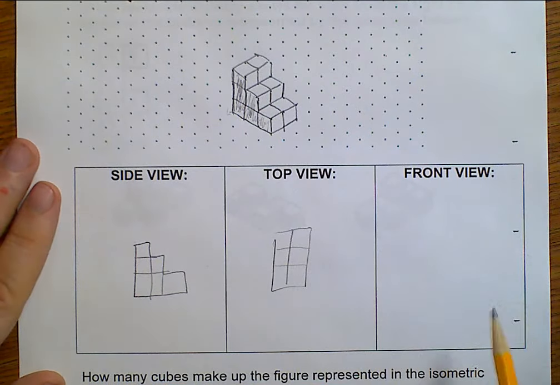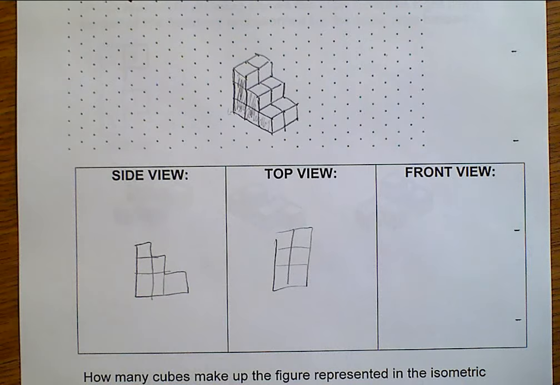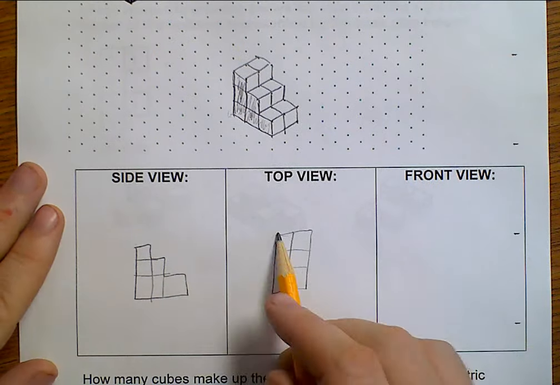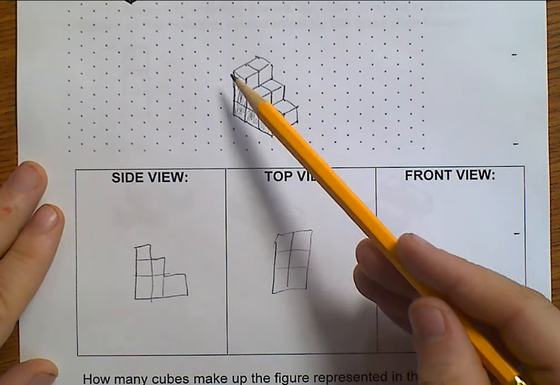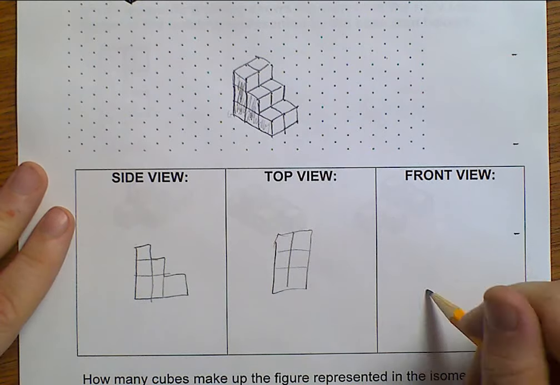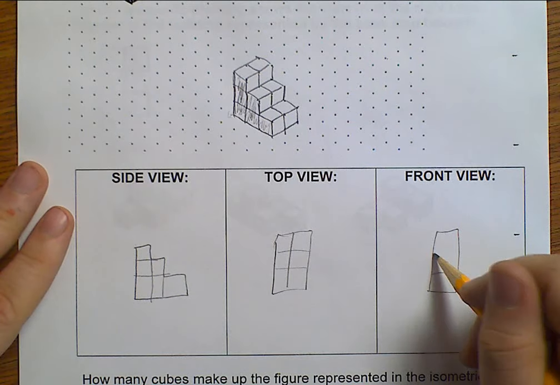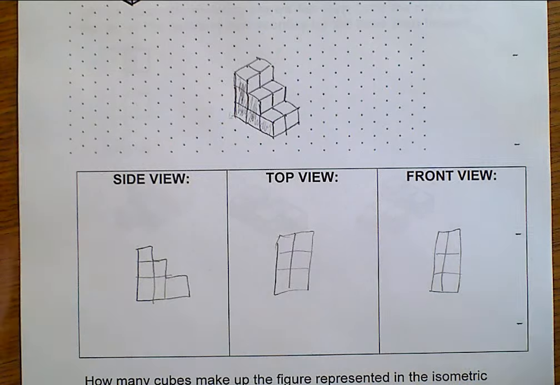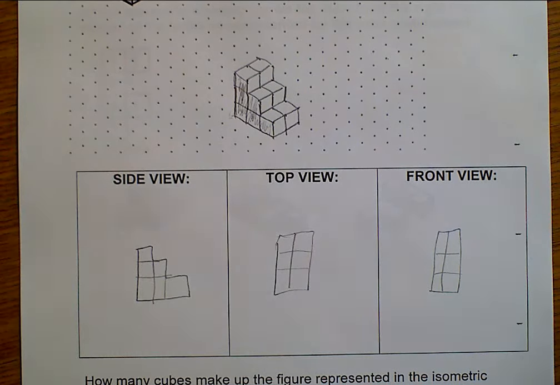I can't tell which ones are taller and which ones aren't. I just have 6 blocks. And same thing if we look at it from the front, all we see are 6 blocks. And so that's our basic picture, is that from the side we've got the stair steps, from the top it's just flat, and from the front it's also just flat.